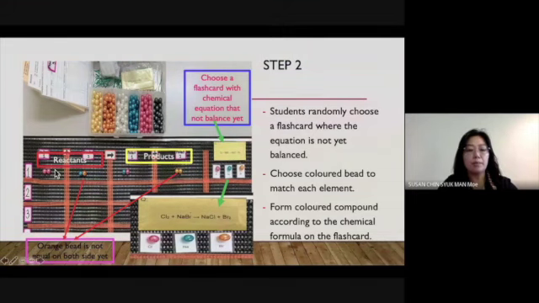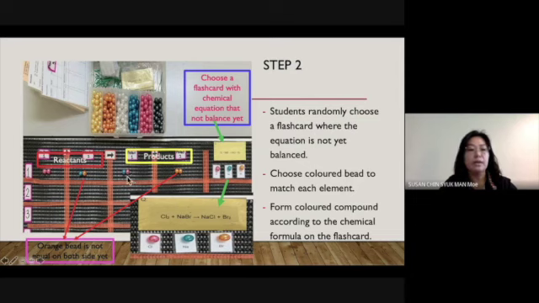After they complete arranging the color bits from column to column, they will observe the color bits. What they can see here is that the pink color is not balanced yet, because under the reactants they have 2 pinks, but under the product, 1 pink.